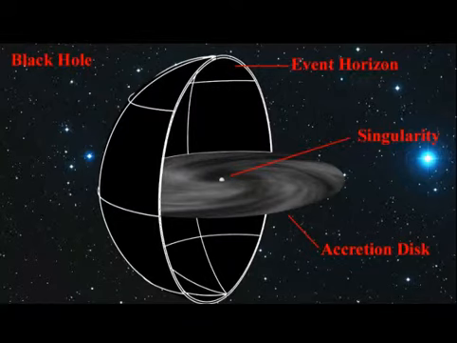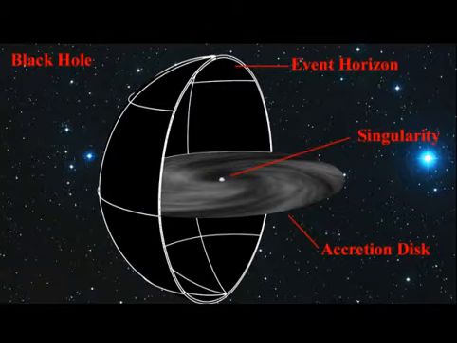So the parts of the black hole: in the very centre, you've got what they call a singularity, and this is an infinitely small, infinitely dense point in space and time with a massive gravitational pull.